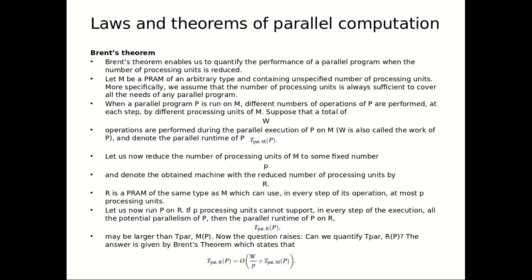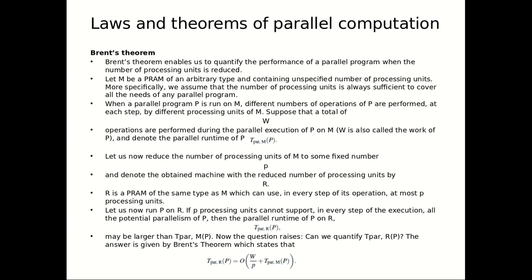Let us now run P on R. If p processing units cannot support in every step of the execution all the potential parallelism of P, then the parallel runtime of P on R will be T parallel R of P. Now the parallel runtime of P on R may be larger than T parallel M of P. Now the question arises, can we quantify T parallel R of P?